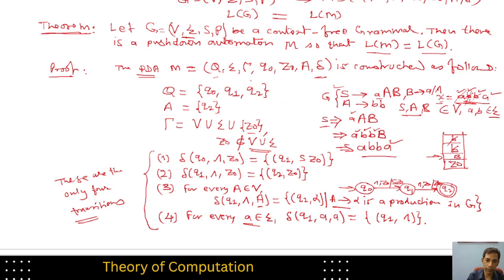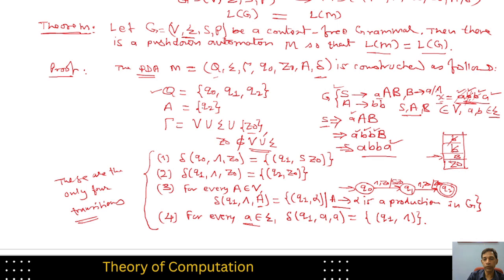You are given some grammar and you want to convert the grammar into a PDA, and for the PDA you have defined the number of states, and we have 3 states only. In fact, for any given context-free grammar, if you go for the PDA corresponding to it, you just need 3 states, Q0, Q1 and Q2.